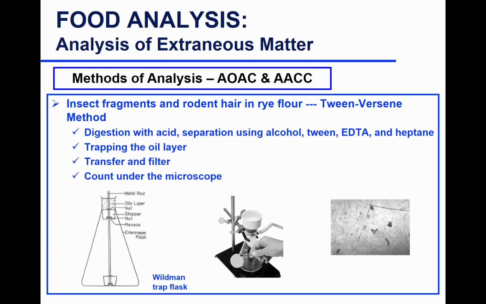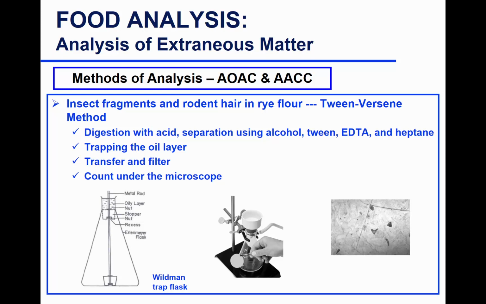And this is the method for insect fragments and rodent hair. This method is specific for rye flour. What it is based on is you digest with an acid, so you break down the different components to release the filth from the matrix.